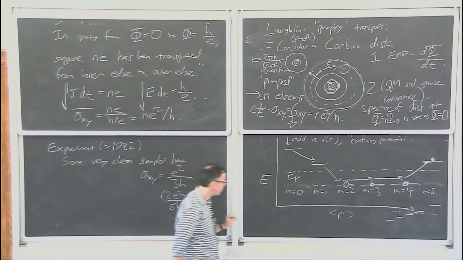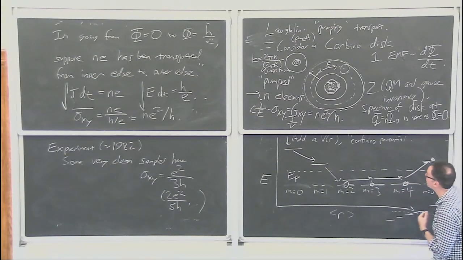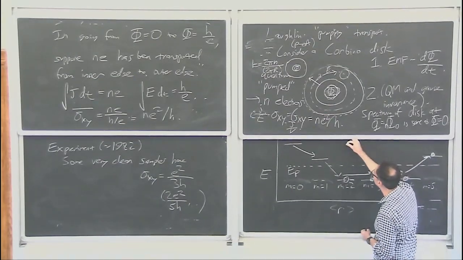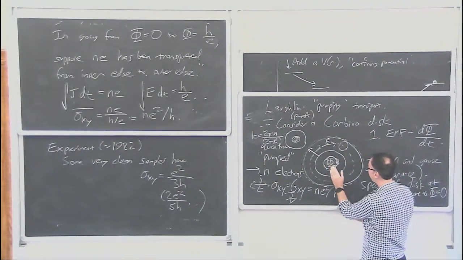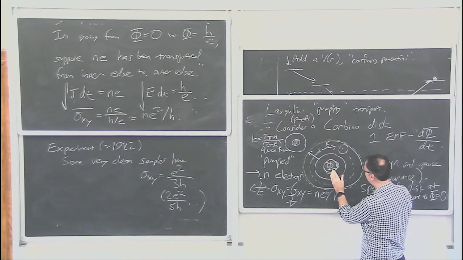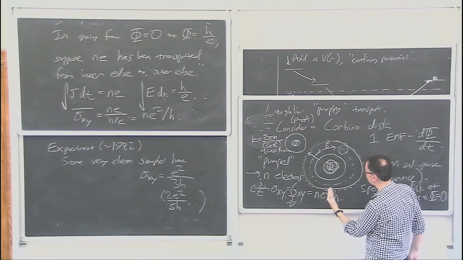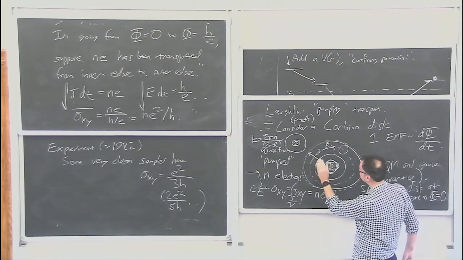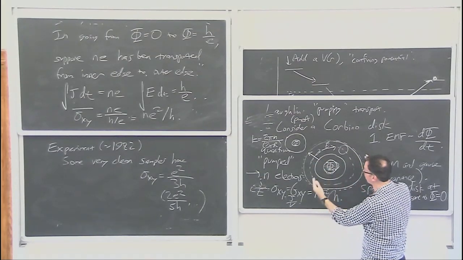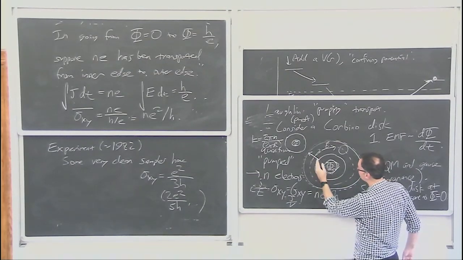Because, even if we added interactions, the point of the argument at some abstract level was that in the process of adding a flux quantum slowly, your final spectrum has to be the same as your initial spectrum. That's basically gauge invariance. And because your final spectrum is the same as your initial spectrum, there are only a limited number of things that could happen, and the easiest one is that some number of particles have moved over.